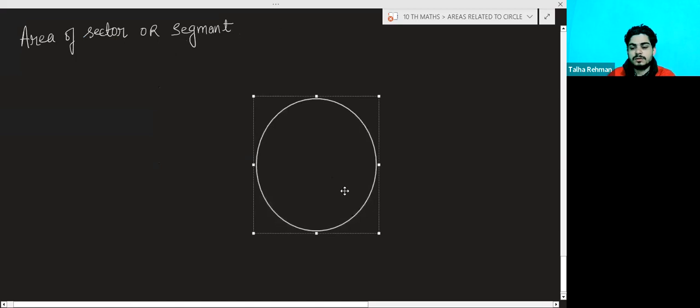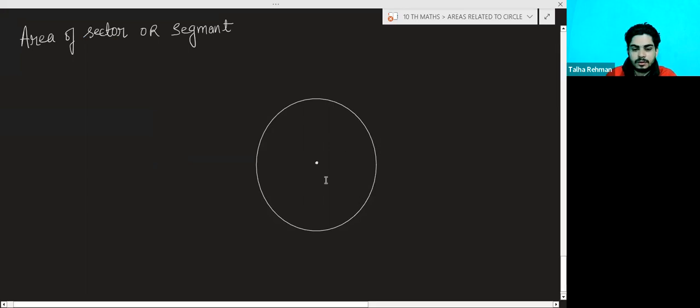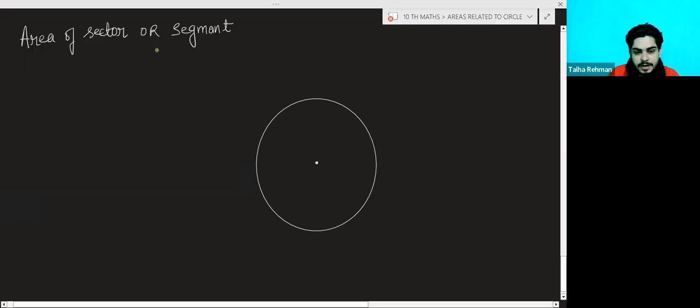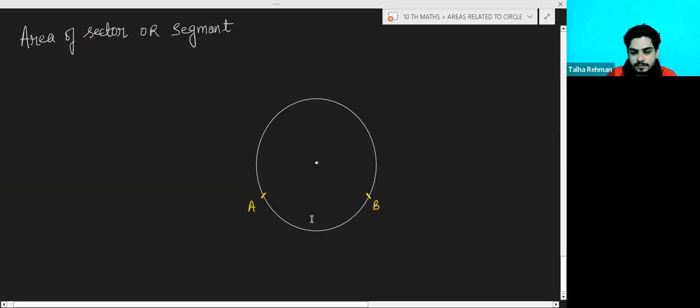Suppose this is a circle and the circle has the center. If I am taking an arc, for example, this is an arc AB, and this is also an arc.